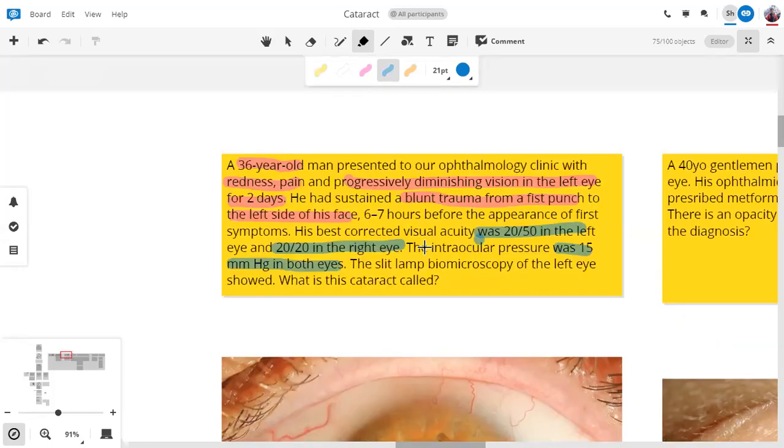Now, before I show you the slit lamp examination and before we discuss which type of cataract this is, what is the diagnosis of this patient from the above history and examination? A list of differentials should come to your mind. There are 2 to 3 things which should come into your mind. What is your diagnosis?